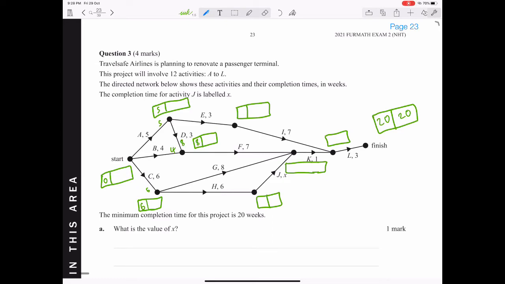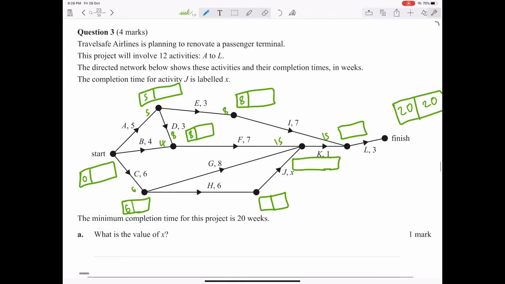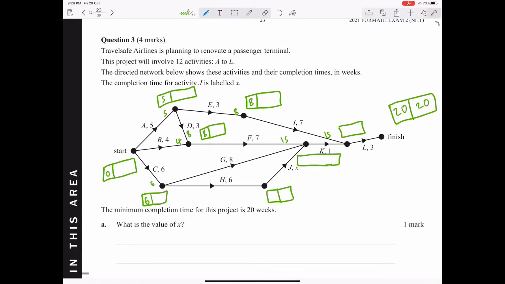Biggest number goes in the box. 8 plus 7 is 15. We've got to wait to determine what the number is over here. 6 plus 8 is 14. And 6 plus 6 is 12. 12 plus x is 12 plus x.